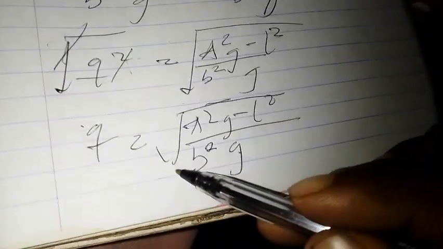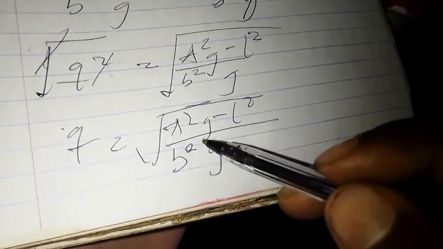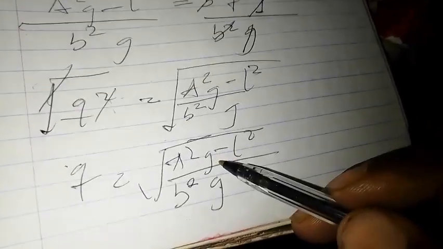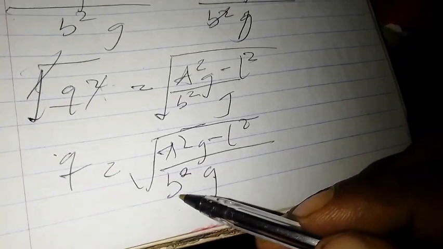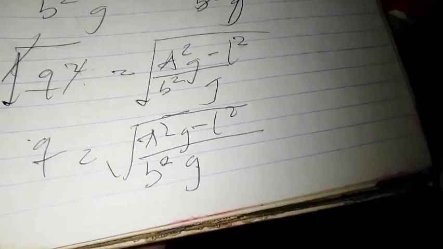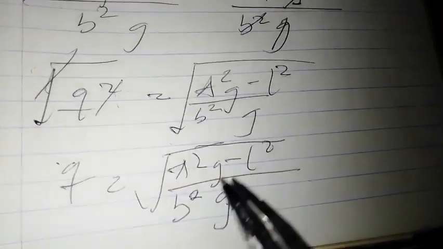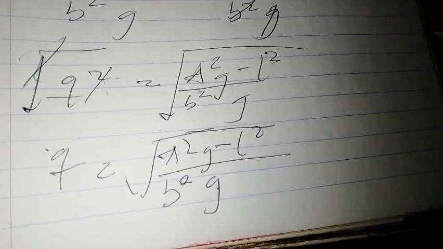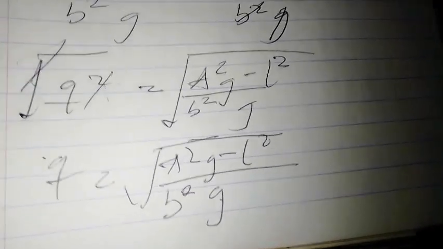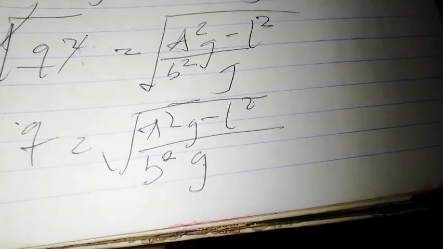To simplify this further, the only thing you can do is put a squared on the G and multiply them through. That's all. But apart from that, you can't simplify it.